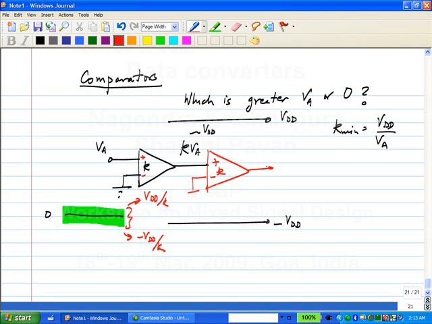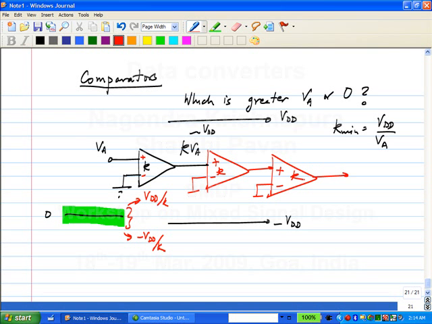Right? And what will happen to the band of uncertainty now? It will reduce to plus minus VDD by K square. Right? So, and if that is not good enough, what do we do?